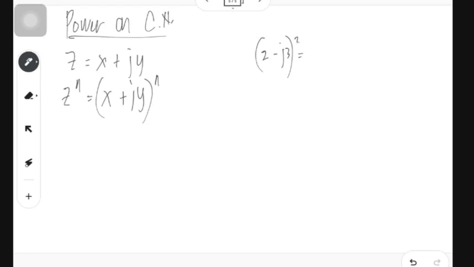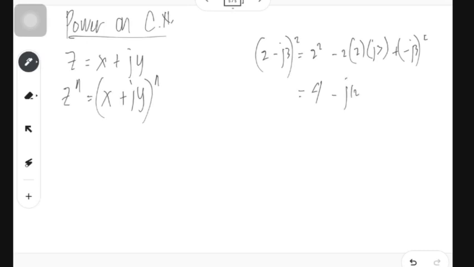We can apply binomial theorem. That is 2 squared, twice the product of the 2 and the 3, the square of the last term. Using binomial theorem, this will give us 4, then minus 2 by 3 is 6, by 2, 12.